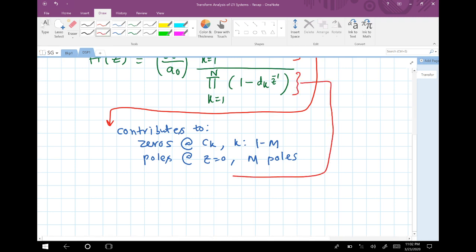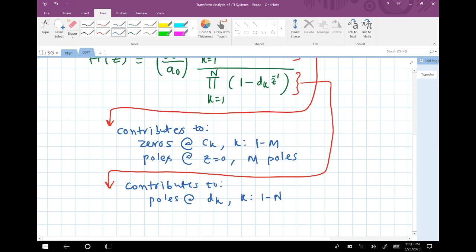Let's now come to the denominator part of it, and see what it contributes to. Again, you write it dk into z minus 1, you could write it as dk by z. So you take LCM, so that's z minus dk. Since it is in the denominator, this contributes to poles at dk, and these are there for k from 1 to n.